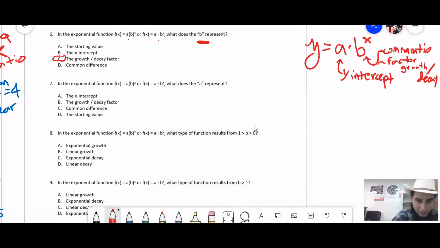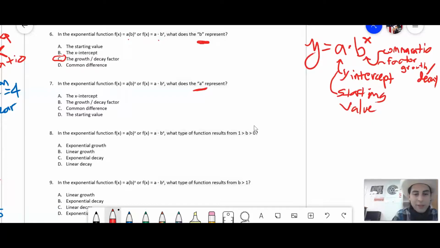Now, number 7, what does a represent? A is always the y-intercept, and in any graph the y-intercept is also known as the beginning or the starting value.